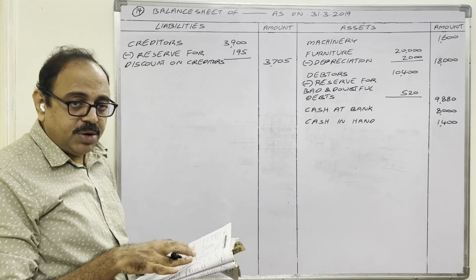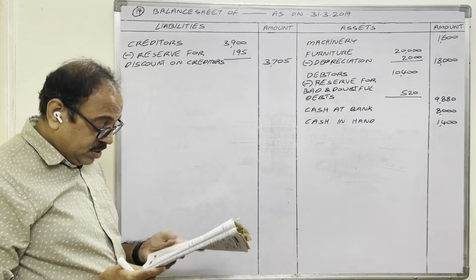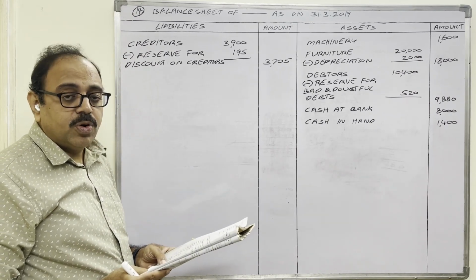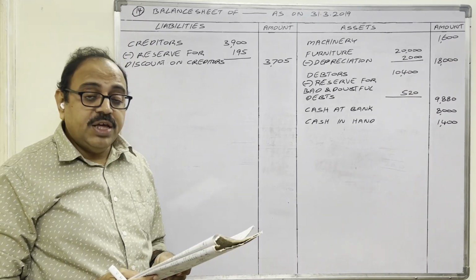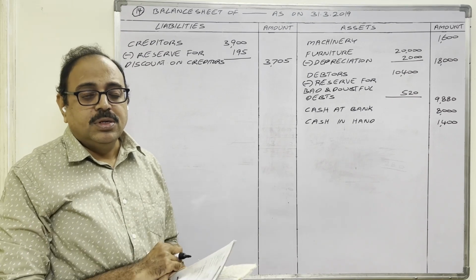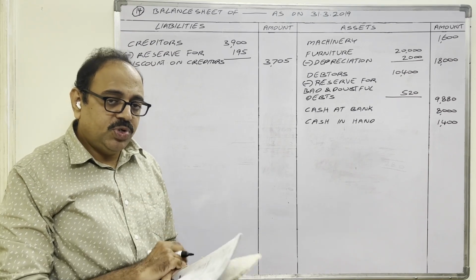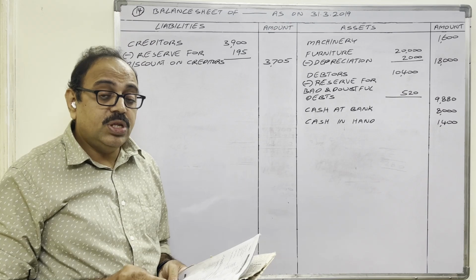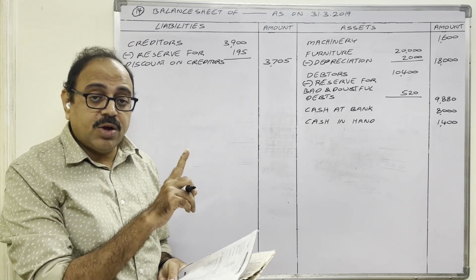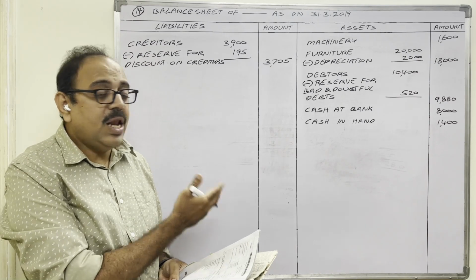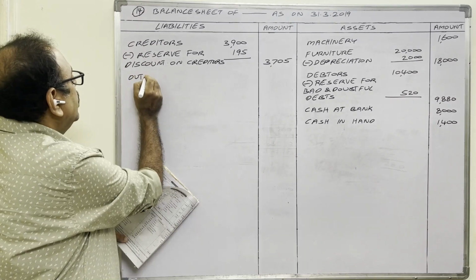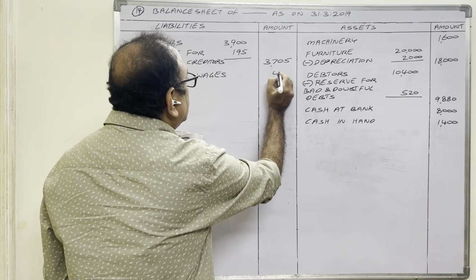Trial balance amounts completed. Come to the adjustments. Closing stock value. Closing stock is an asset. At the end we will show that. Outstanding wages we have to pay. So the adjustment amount we should write two times now. One time where we wrote this outstanding wages, in the trading account debit side, to wages we have added. Second time here on the liability side, outstanding wages 400 rupees.